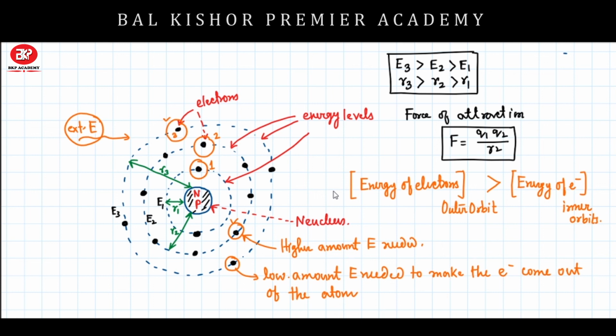And when they leave the atom, the atom will become positive, and the electrons will become free electrons. So this was the basic structure of an atom, and after this we'll go deeper inside the atoms.